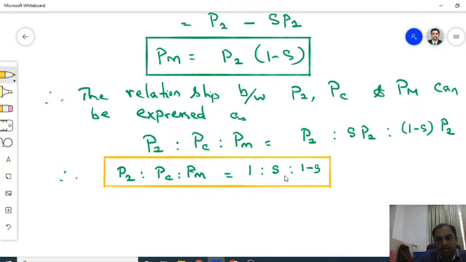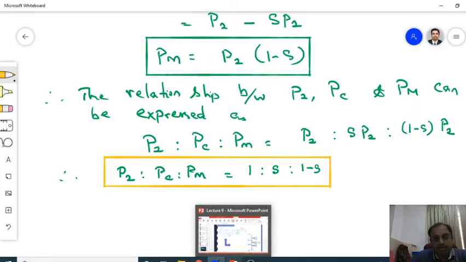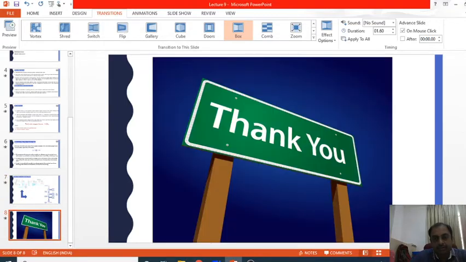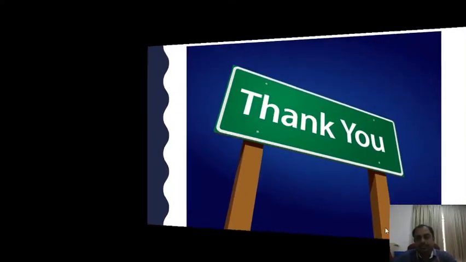This relationship is very important and very frequently required to solve the problems of the power flow diagram.